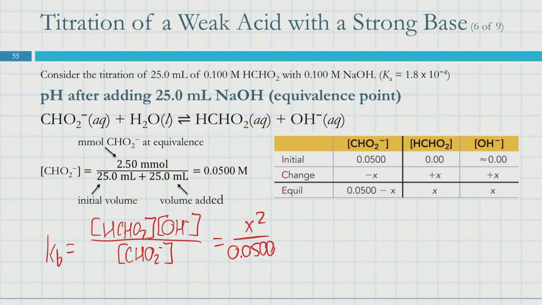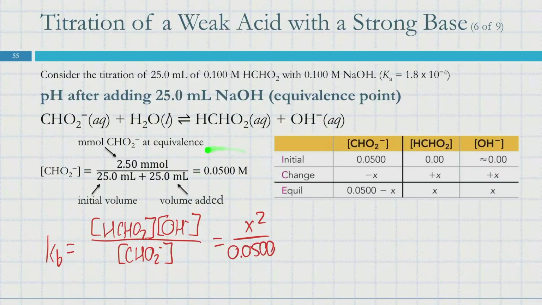Oh, look at that. I even left in my scribbles from going through it last night. So our pH at the equivalence point, we've got our millimoles of our conjugate base at equivalence, so that 2.50 millimoles. Our volumes, our initial volume of the weak acid and the volume of base that we added.